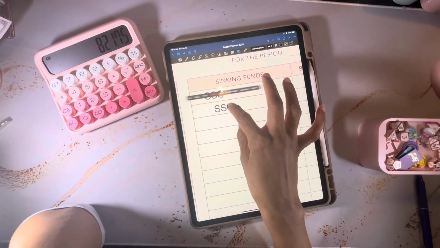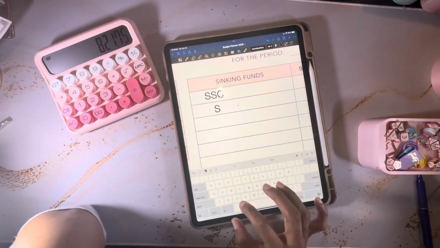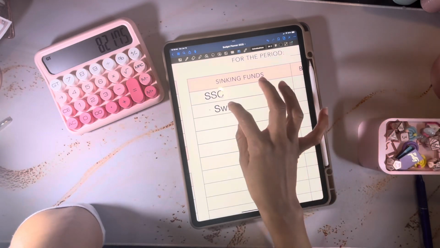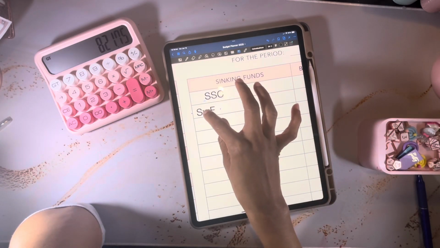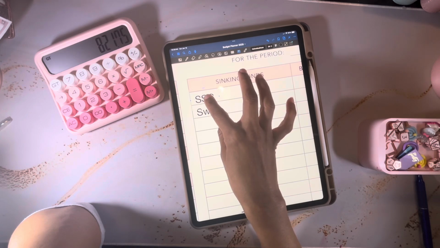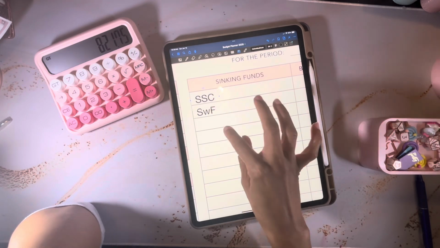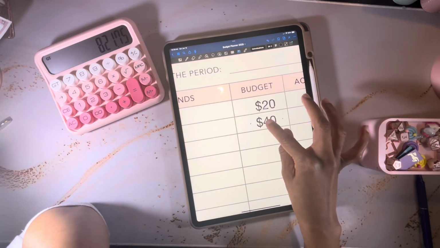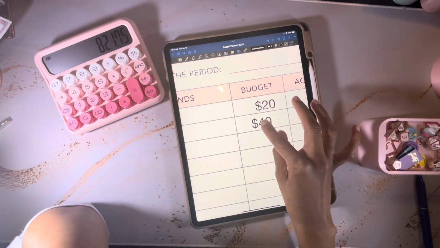Why did it do that? Okay, saving with friends. Let's go ahead and okay, let's fix this. Got a little bit of OCD here.